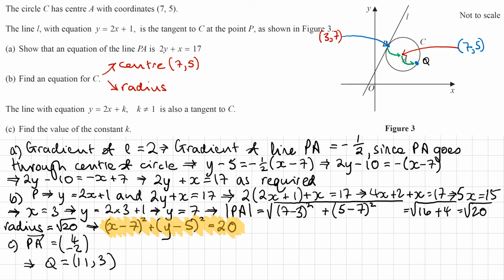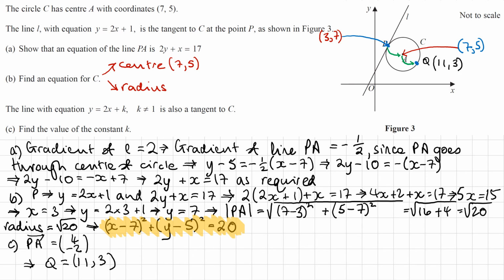So I was thinking 3 didn't seem right. I would expect the x coordinate to be bigger than what I had before, 3. That didn't make any sense. That's why I went back and just checked, and I saw my mistake. So Q is 11, 3.